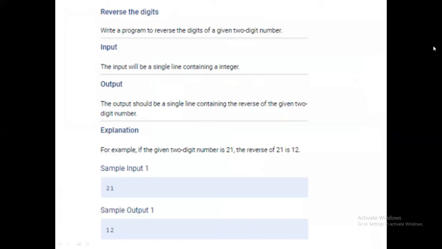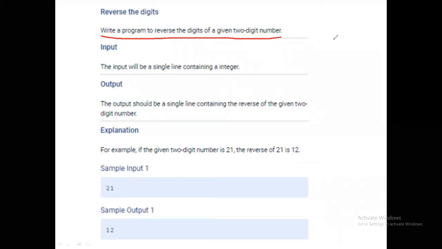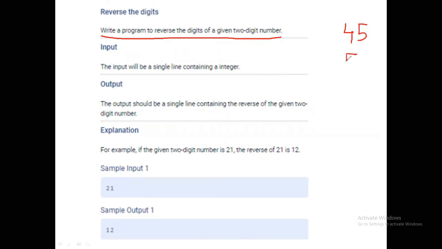The first one is reverse the digits. Write a program to reverse the digits of a given two digit number.